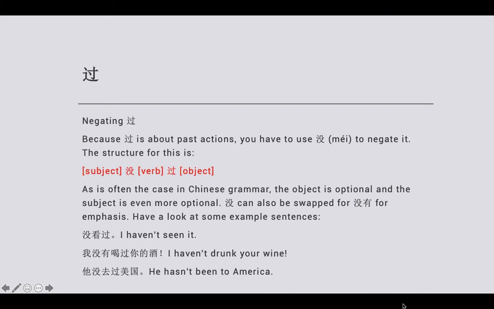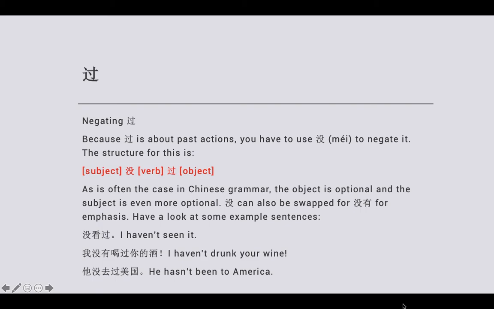And how to put it in negative form? Because 过 is about past actions, you have to use 没 to negate it. The structure is 主语, subject, plus 没 plus verb plus 过 plus object.